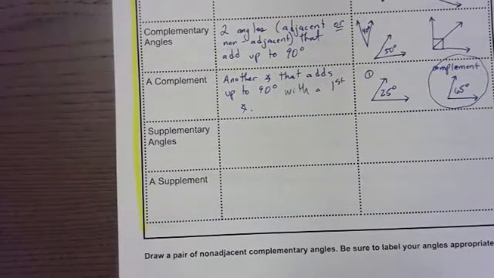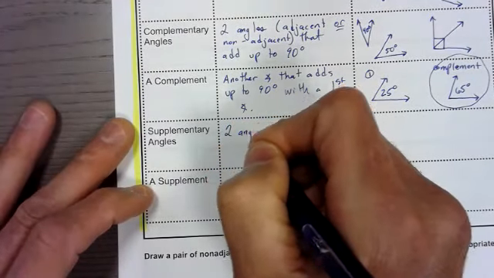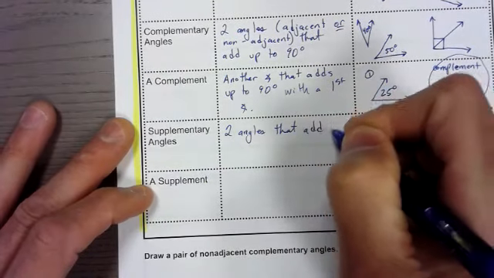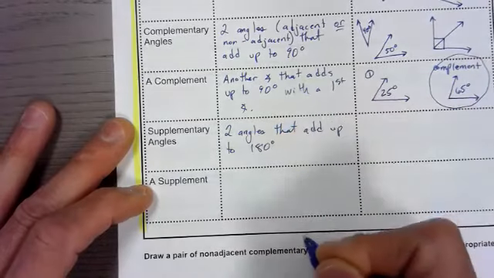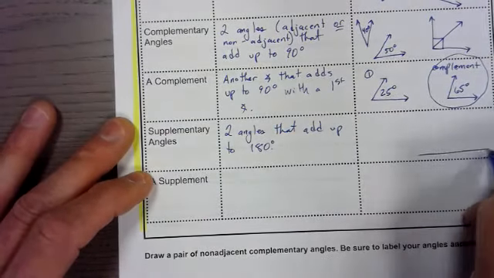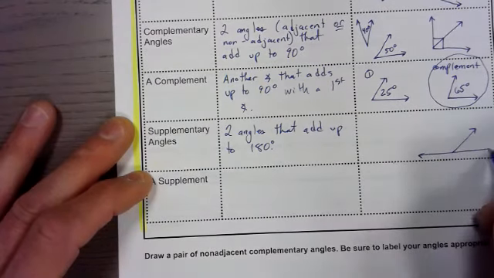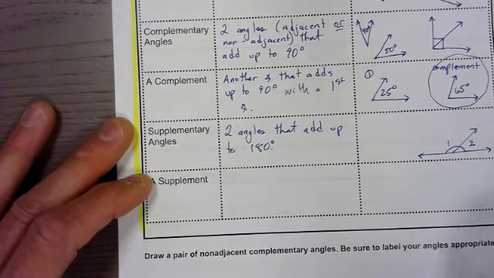Now, supplementary angles are two angles that add up to 180 degrees. And we can have, again, non-adjacent and adjacent supplementary angles. So we've got our straight angle here at the bottom, and then we have angle 1 and angle 2, and we can tell because this is a straight angle altogether that it's going to add up to 180 degrees.